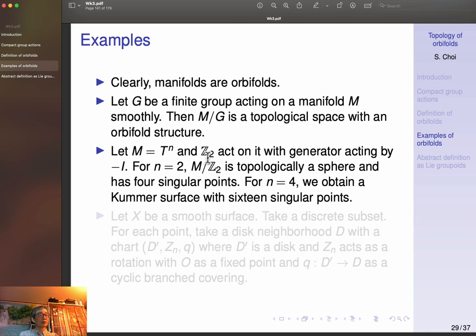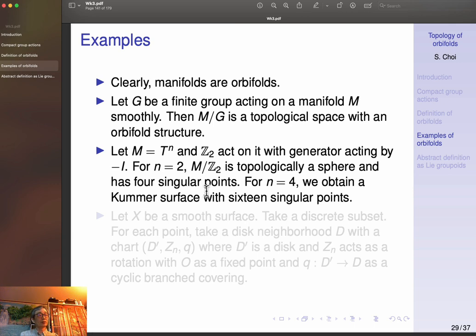Here, you can think of M as a circle times circle, and G acts by rotation. You embed it in the standard way, and then the x-axis passes through the 4 points, and then you do the involution and take a quotient. Then it will be a sphere with 4 singular points.